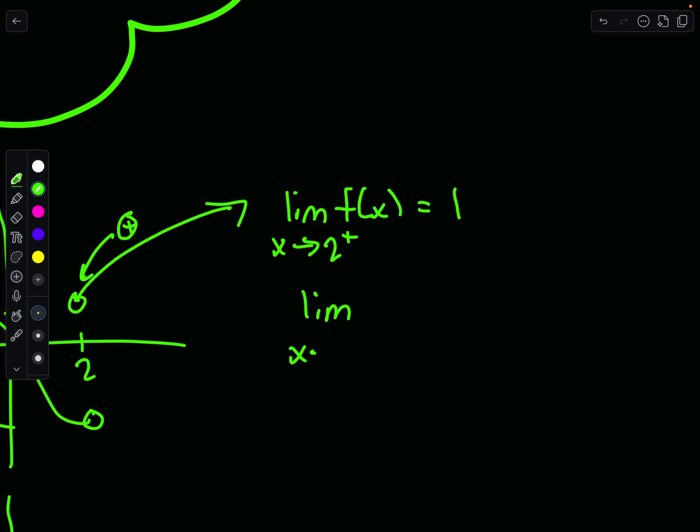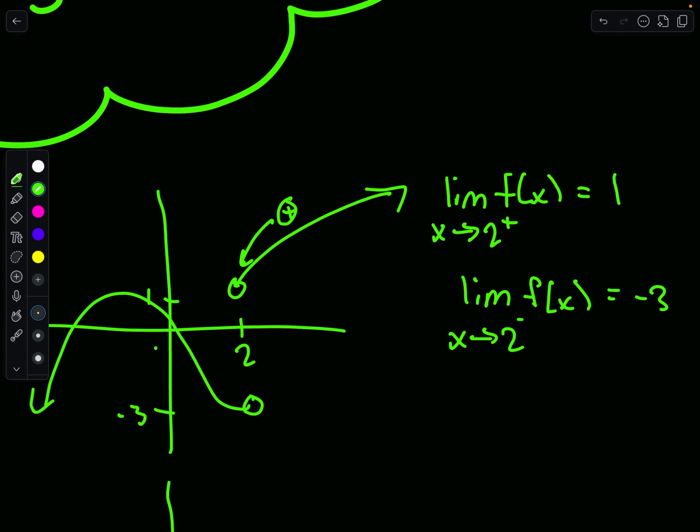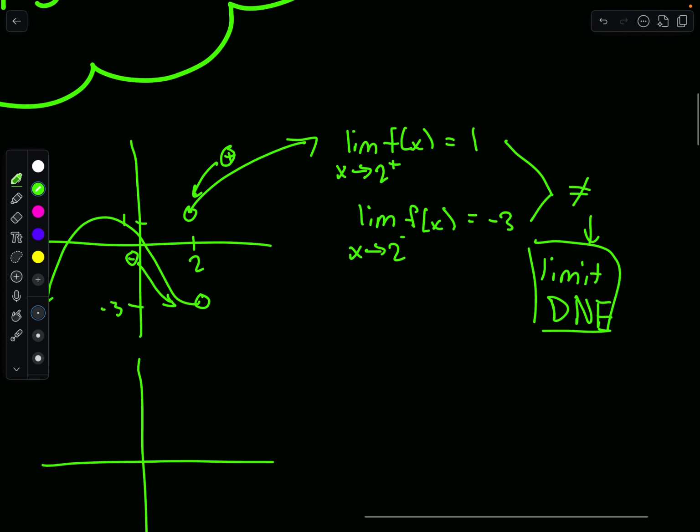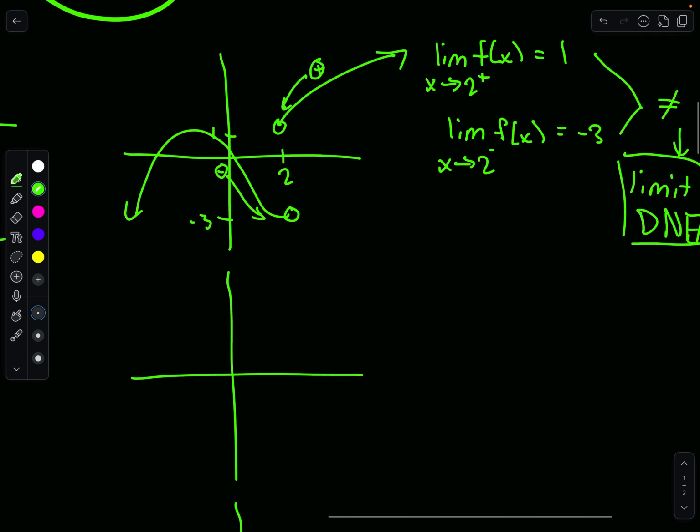From the negative side, it's equal to negative 3. Now, since these are not equal, we can say that the limit does not exist, or limit DNE is how we say this. So this is a jump.